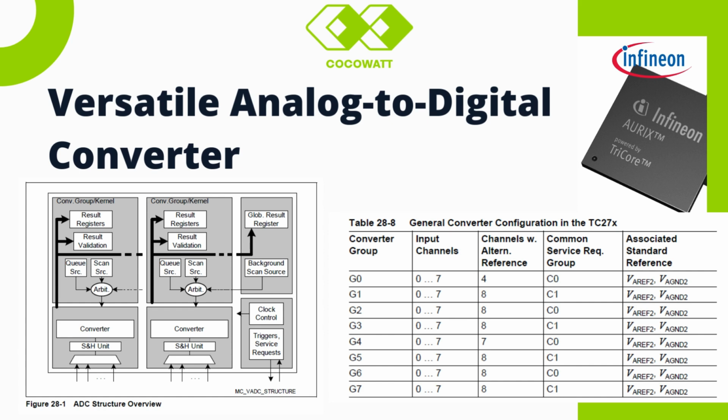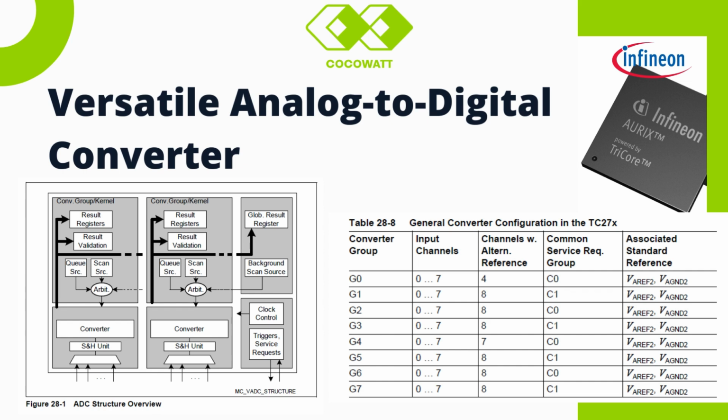This means multiple conversions can happen in parallel without interfering with each other. The digital output from each channel can be stored in its own dedicated result register or in a shared group result register, depending on how you configure it.